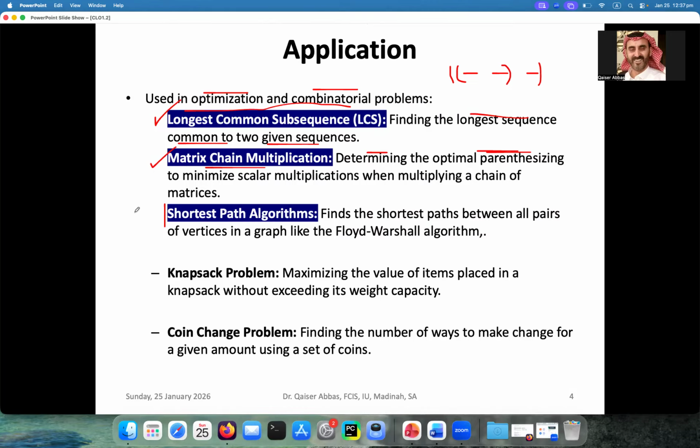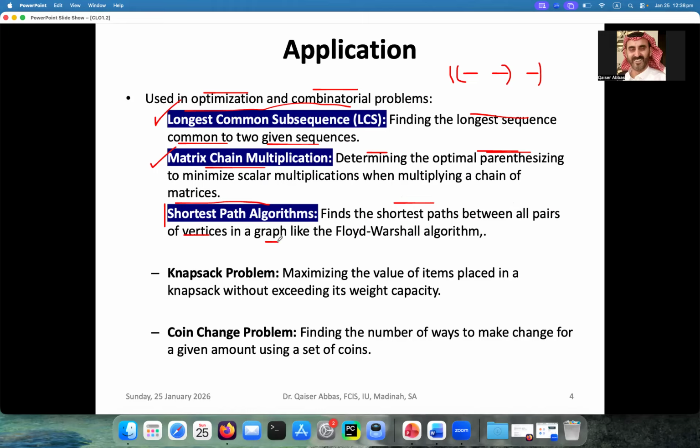Now, the third topic that we will cover in this CLO is shortest path algorithms, where you have to find the shortest path between the nodes, between all pairs of vertices in a graph.